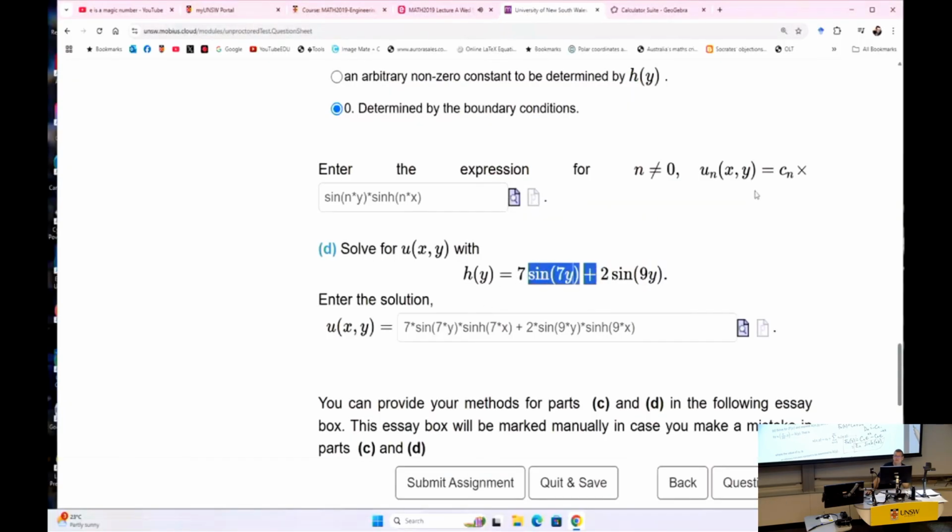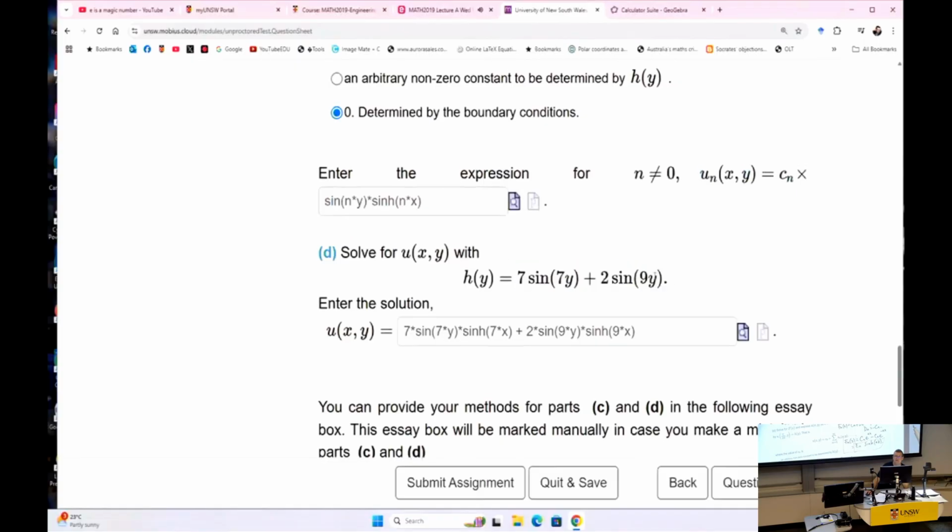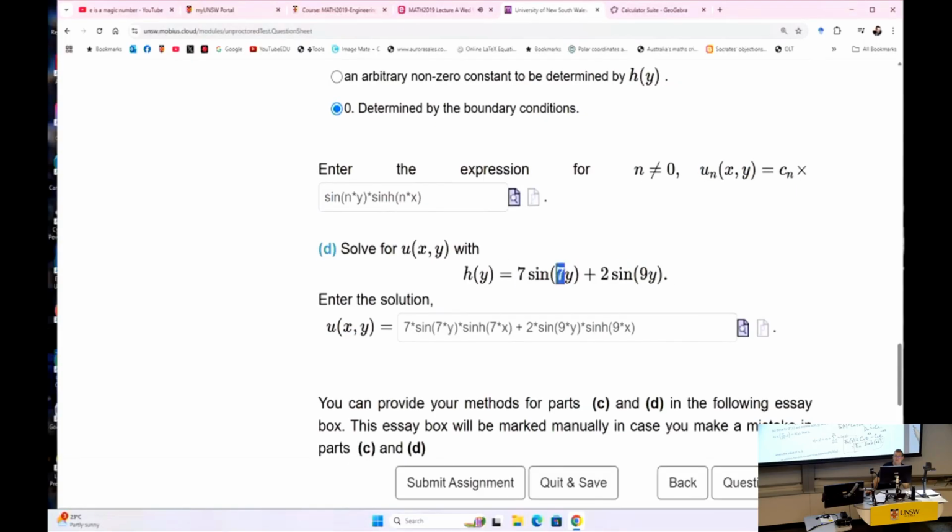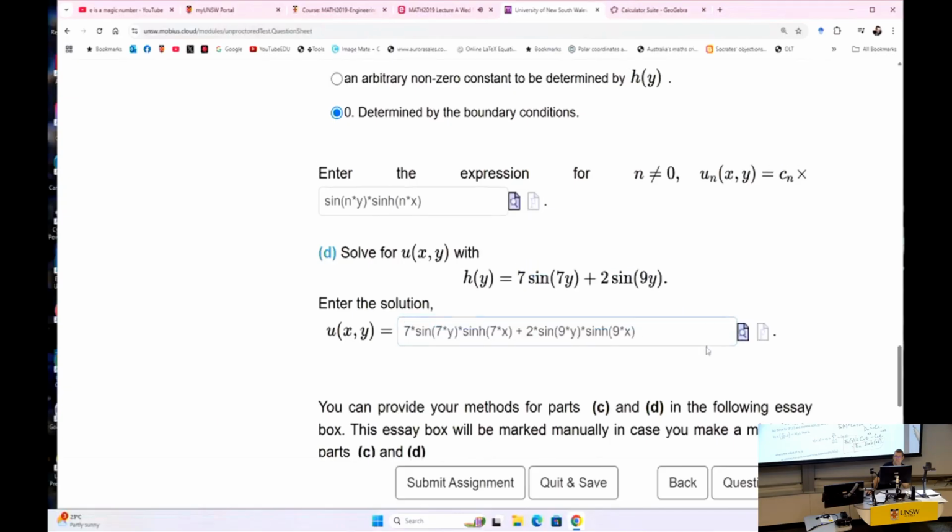So basically you're writing out some of the terms of the series for this, and then you're comparing them with this. So obviously n equals 7 and n equals 9 is super important. And there are only two terms in your solution because there are only two terms here. So that's how I did that.